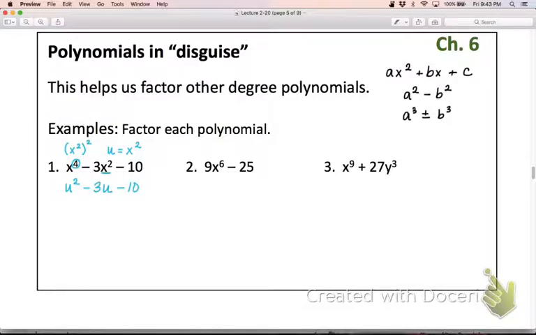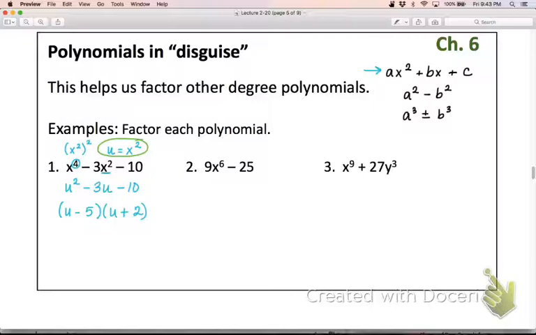Now that looks like the first form that we want, and that is something that we know how to factor. If you go through the factoring process, which I'm not going to spend a lot of time on because we've talked about it a lot, this will come out to be u minus 5 times u plus 2. However, remember that u was not what we originally started with. We were just using u to hold the place of x squared.